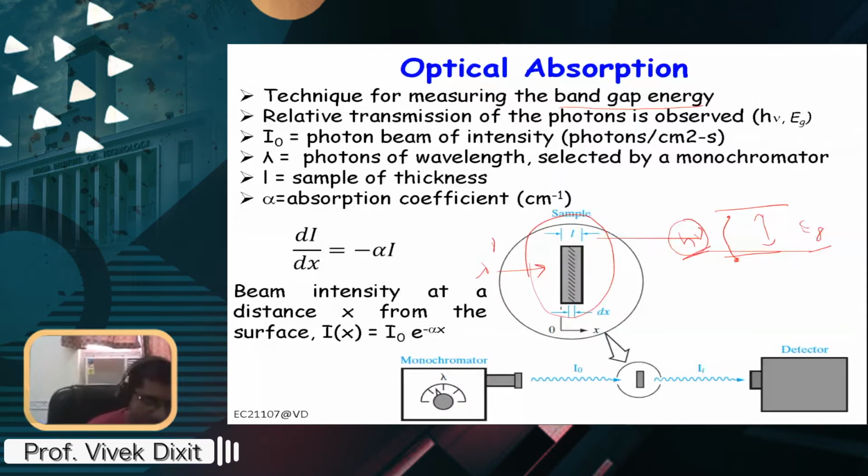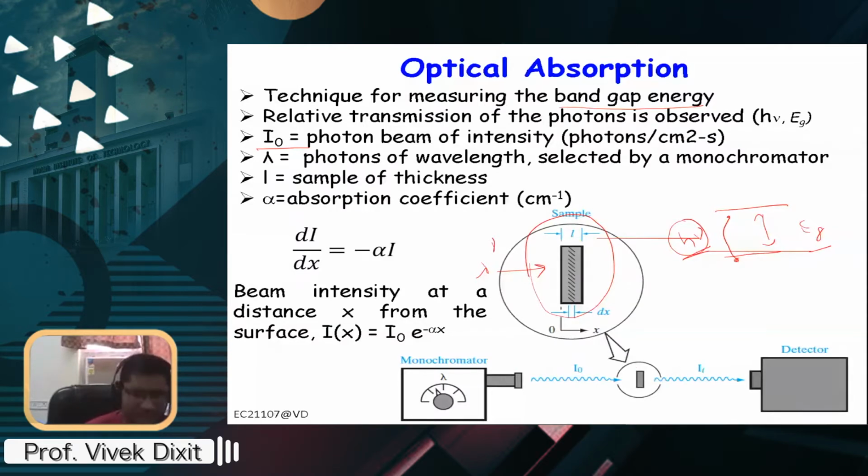Now let's assume I naught is the intensity of photons per square centimeter per second. Lambda is the photon wavelength. Now if you have a source, you can select using a monochromator which wavelength will pass through.